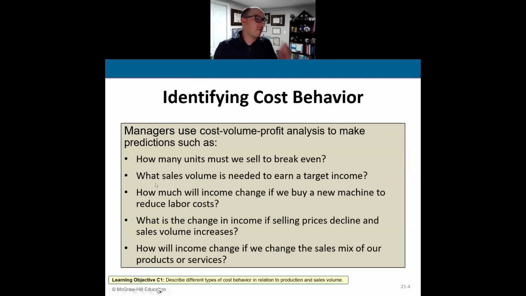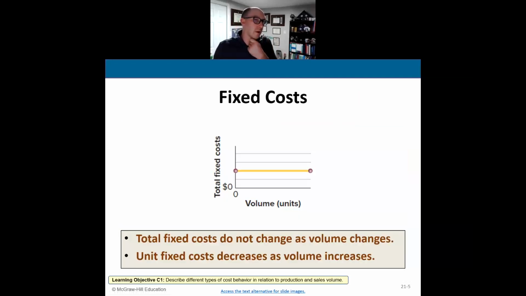In order to break even, one of the things we need to look at are our costs. As you know, we've been talking about costs for the past 6 weeks in this course. We talked about raw materials, direct labor, factory overhead until I was blue in the face, right?